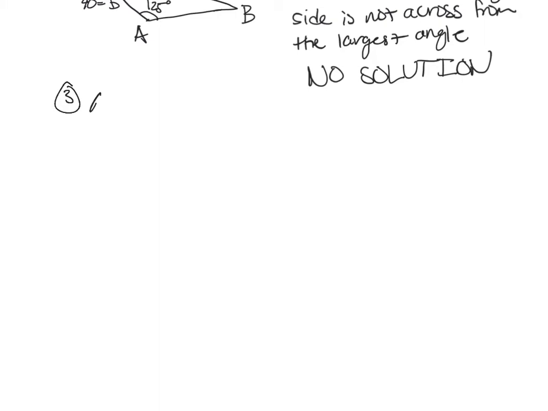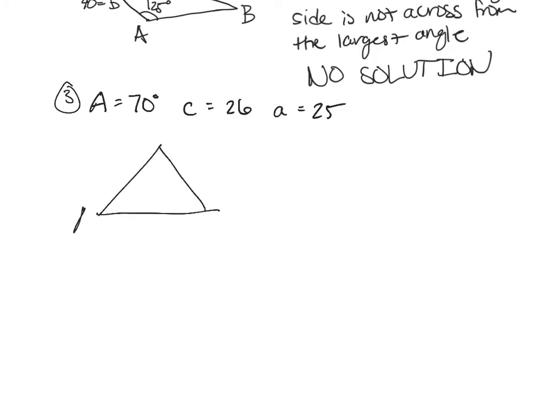Problem number 3, we know that angle A is 70 degrees. Side length C is 26. Side length A is 25. So if I was to draw this, this one's not going to be to scale.